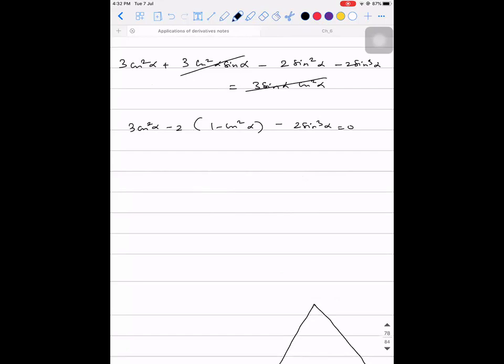Okay, I'll check this. So 3 into 1 minus sine square alpha minus 2 sine square alpha minus 2 sine cube alpha equal to 0. Can I write it like this? So 3 minus 5 sine square alpha minus 2 sine cube alpha equal to 0.